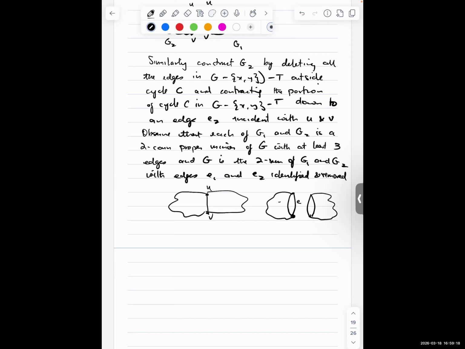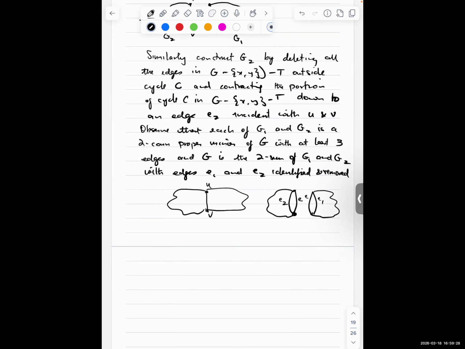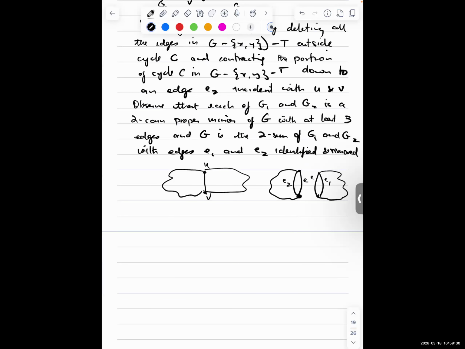So this is E, this is E2, this is E here, and this is E1. That's the only detail. So you'll have to have multigraphs in this area, right? This is G1, this is G2, or maybe the opposite of what I said. And when you stick these two pieces together, across this edge E, you will get E1 and E2.